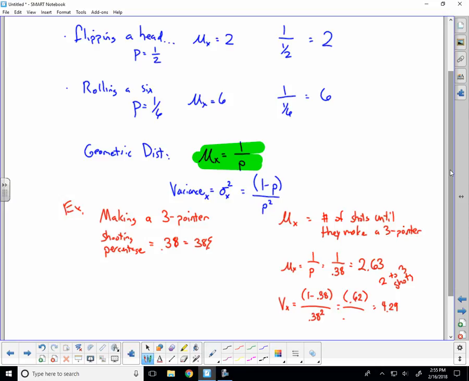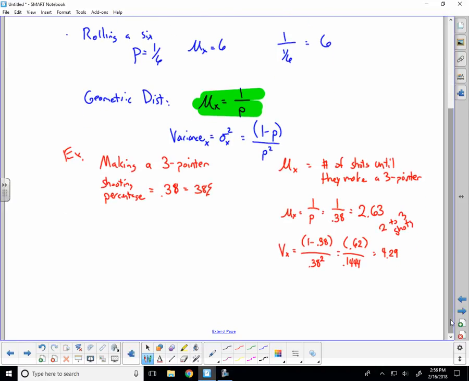Just the 0.38 squared? 0.38 times 0.38 is how much? Oh, I thought you said 1 point. I'm sorry. Got it. I got it now. Okay, so then that's the variance.